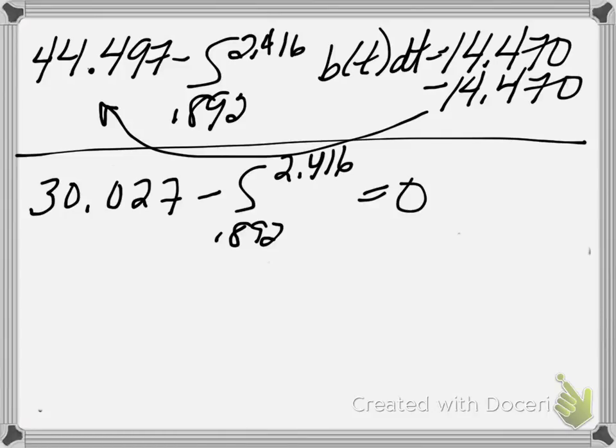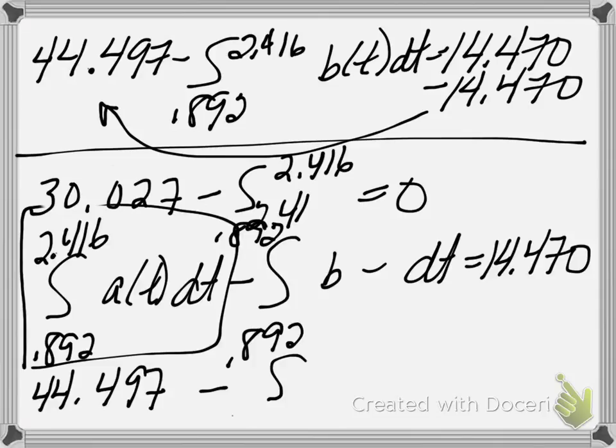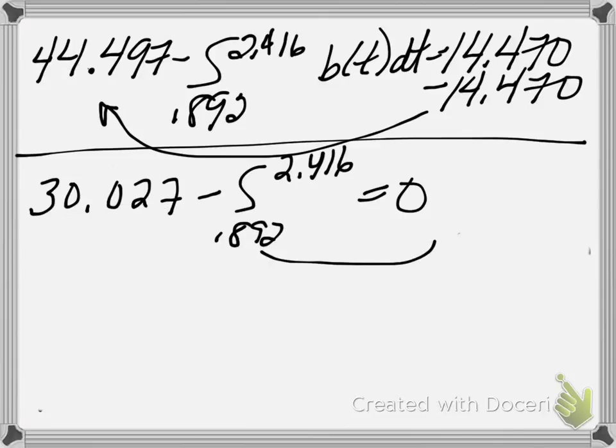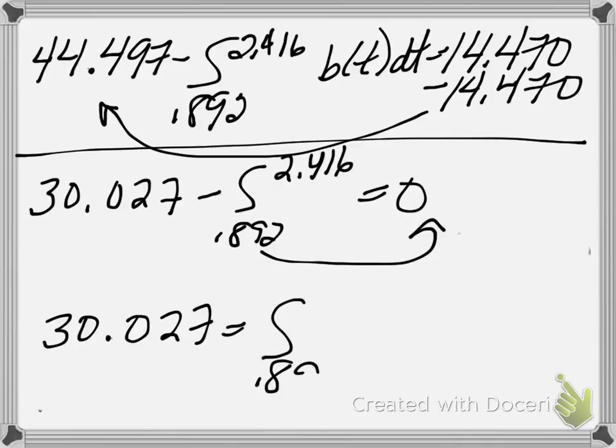Why am I doing that? Because I want this to be brought over to the other side so that that's positive. So I'm going to get this. Oops, I forgot my B of t.